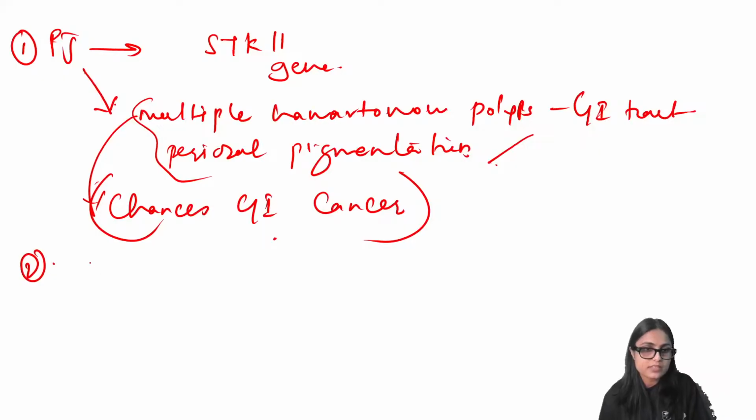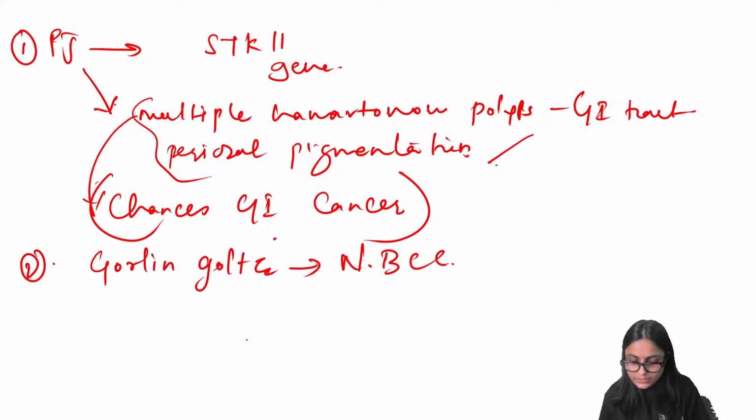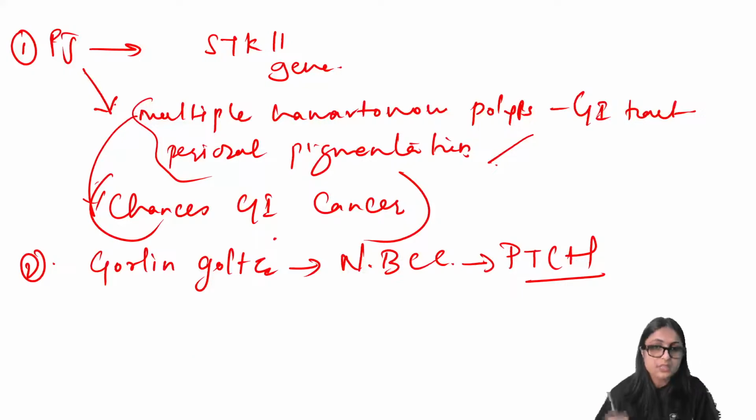Second one is Gorlin Goltz syndrome, we call it nevoid basal cell carcinoma syndrome. Correct? Now, in Gorlin Goltz, what mutation in which gene? Mutation in PTCH gene you see, correct?